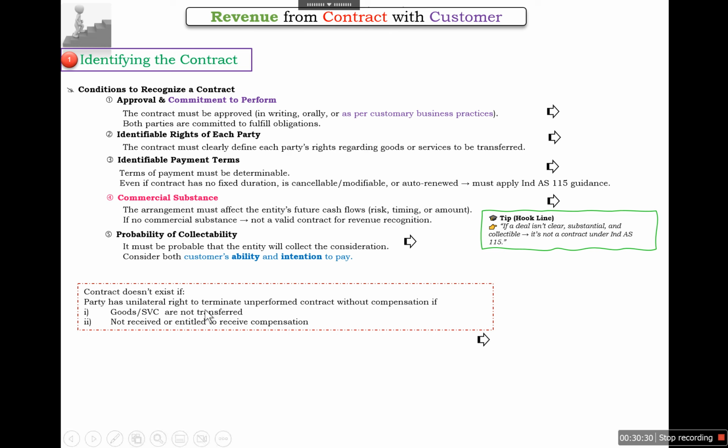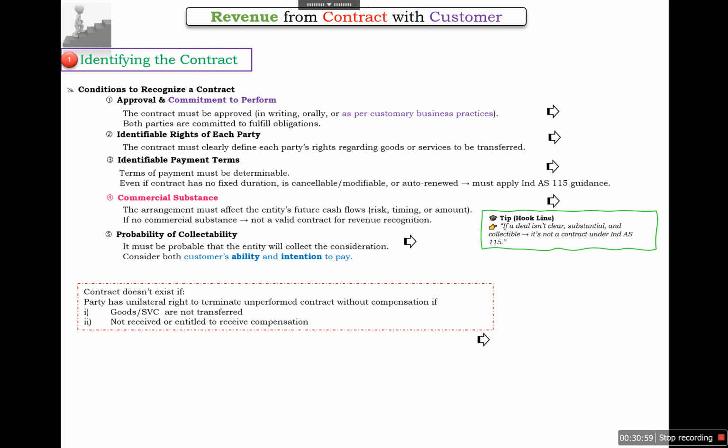A contract does not exist if a party has a unilateral right to terminate an unperformed contract without compensation, if goods and services are not transferred and not received or entitled to receive compensation. If a party has the unilateral right to terminate the unperformed contract without any compensation, revenue cannot be recognized.